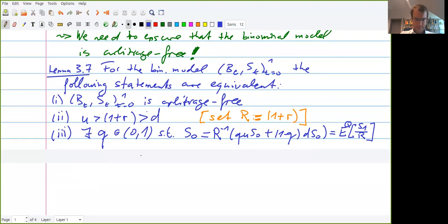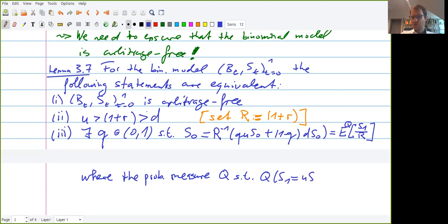And now, what is this Q here? So Q is another probability measure, such that the probability of S1 being equal to U is equal to Q. So what we do here with this number Q is we assign the movements of the risky asset new probabilities, right?